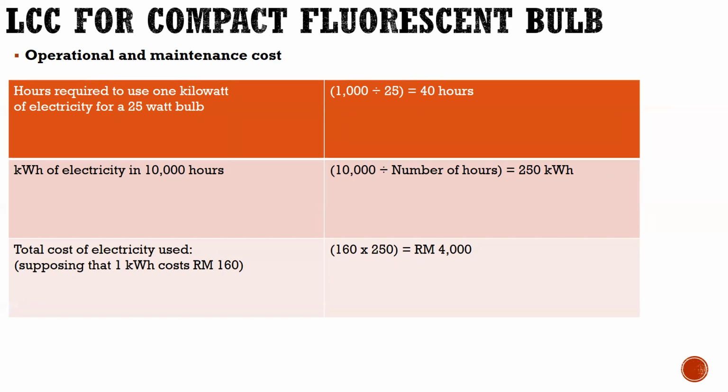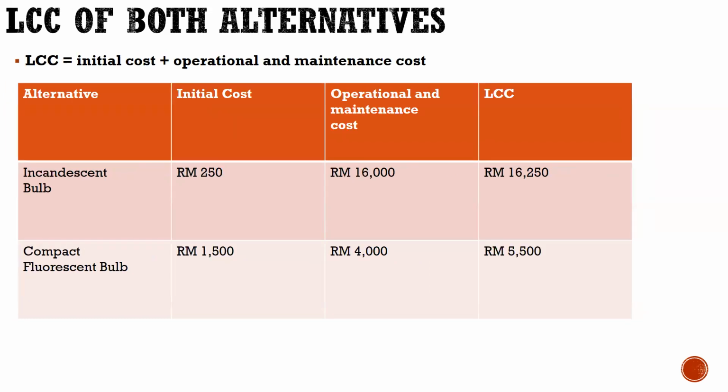Now, based on these two analyses, you have to take the initial cost and operational cost and add them together to give you the life cycle cost of each bulb. When you take the incandescent bulb, 250 Malaysia ringgit plus 16,000 Malaysia ringgit will give you 16,250 Malaysia ringgit.